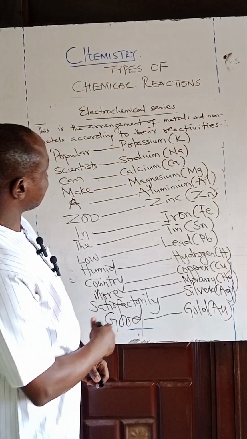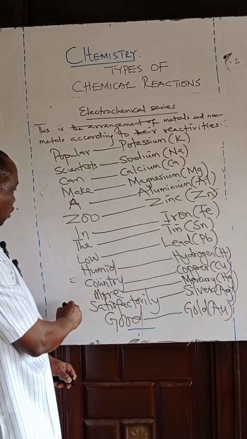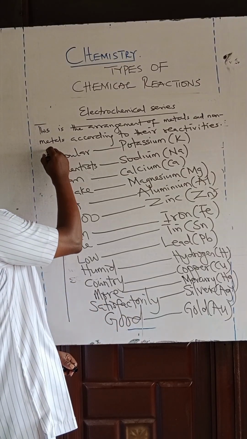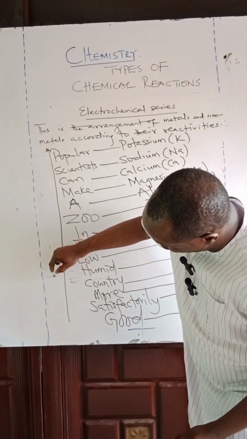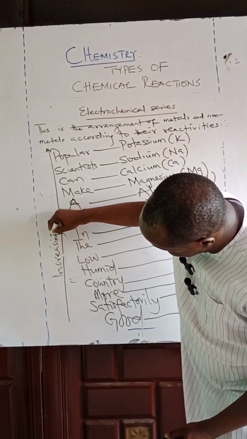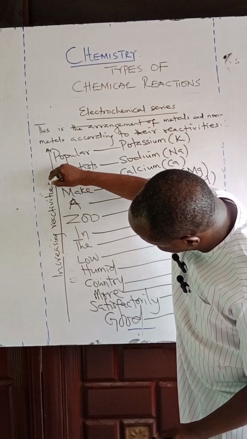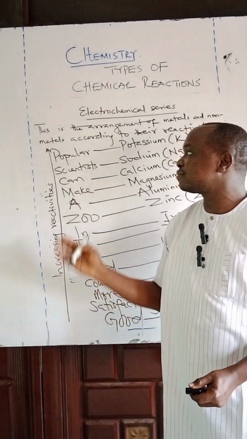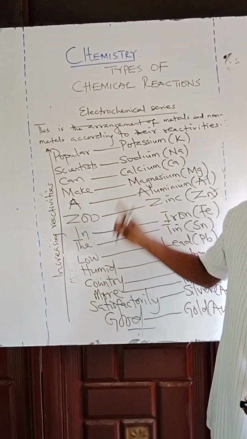This arrangement is what we call the electrochemical series. As you can see on the board, as you are moving up, we have increasing reactivities. The most reactive is potassium, while the least reactive is gold.